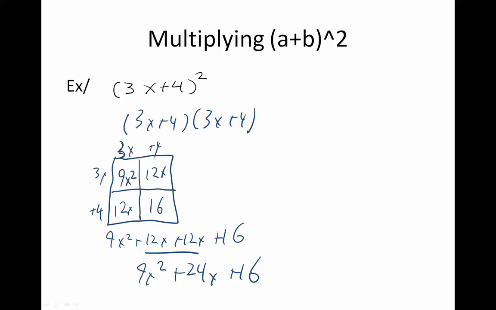Now, something else that's interesting to note is that if you take the first term, the a, you get 3 squared, which is 9, x squared is x squared. 4 squared is 16. But this middle term, if you do 3x times 4, that's 12x, and then 2 times 12x, you get 24x.